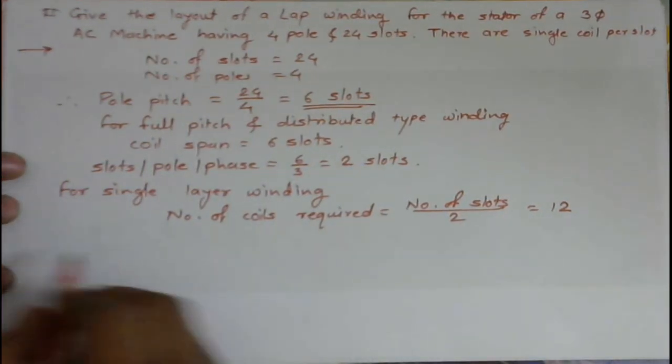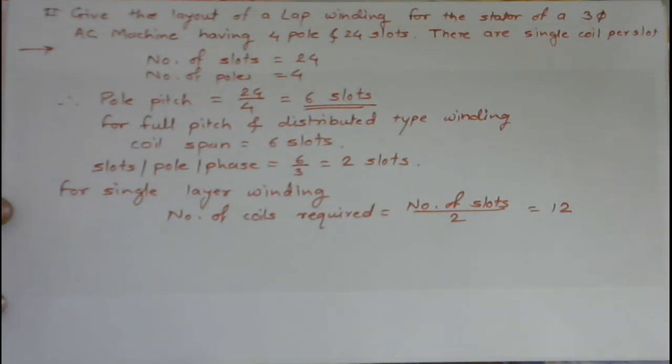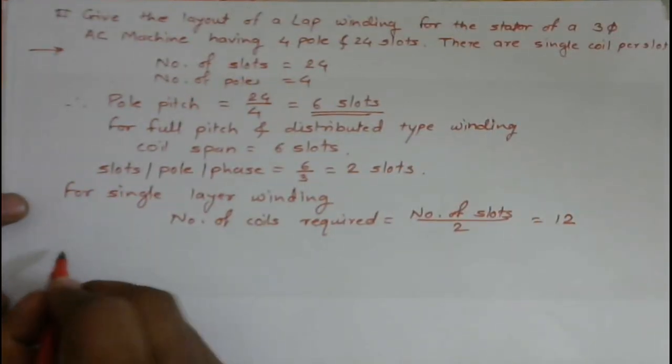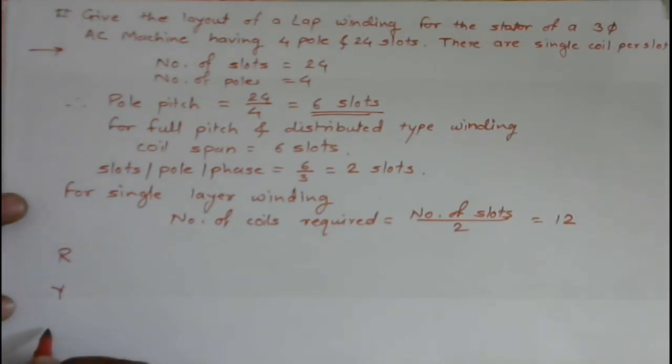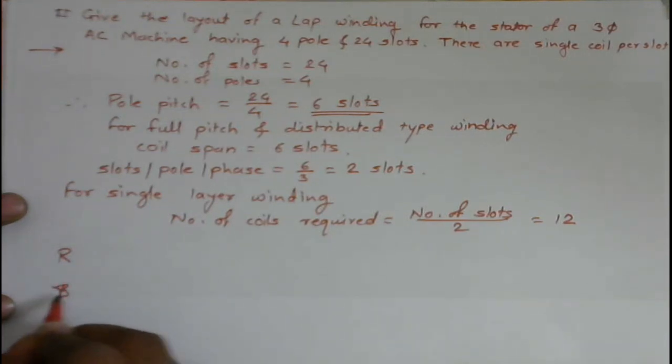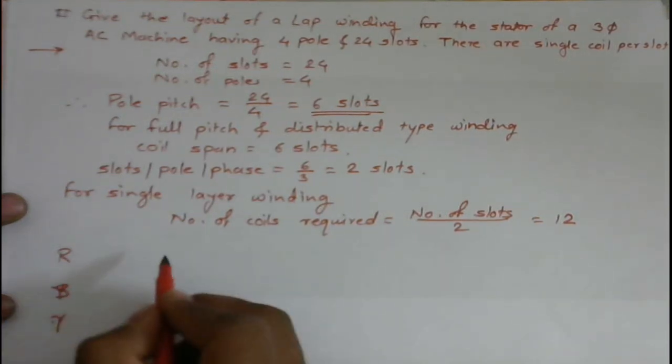Here let us decide from which slot to which slot we are going to do the winding. So here R phase, then it is Y phase, and this B phase, and third one is Y phase.